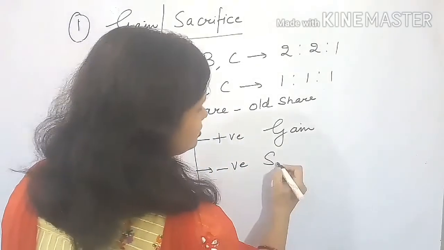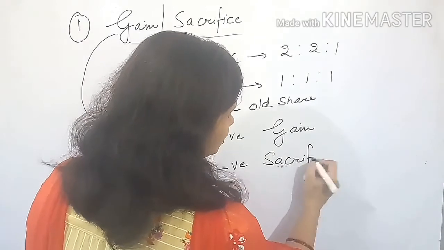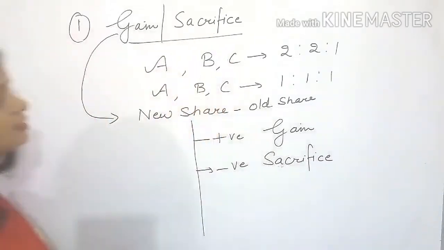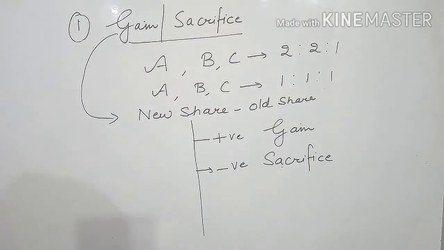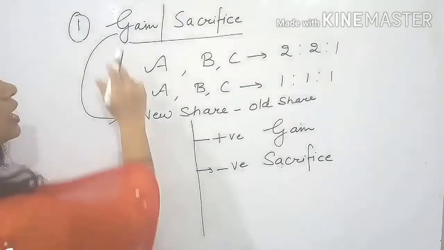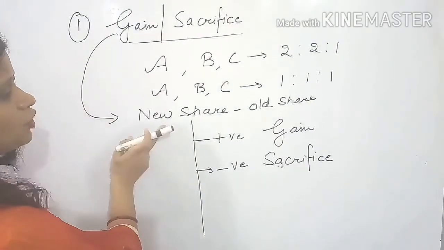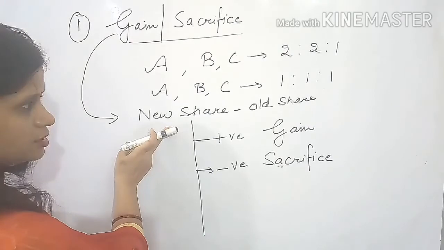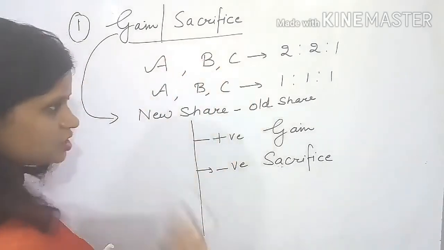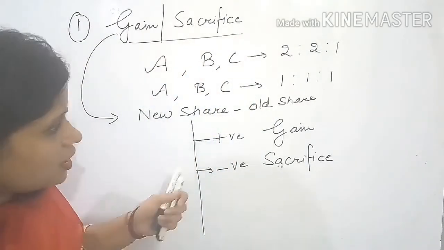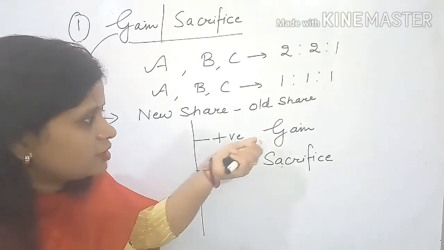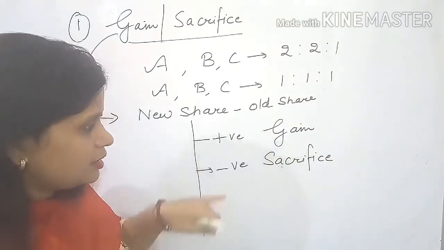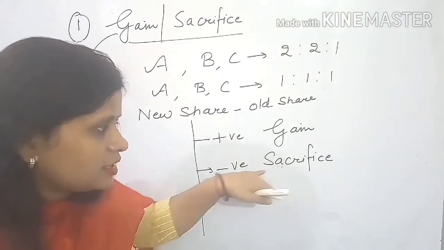That means that partner is sacrificing. It will denote a sacrifice. This is the very first step. Always remember how to calculate gain and sacrifice: the formula is new share minus old share. If the result is positive, it is a gain, and if the result is negative, it is a sacrifice.